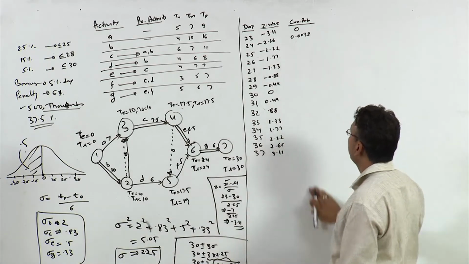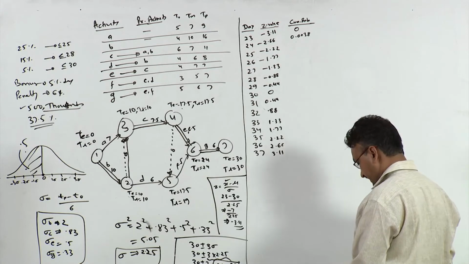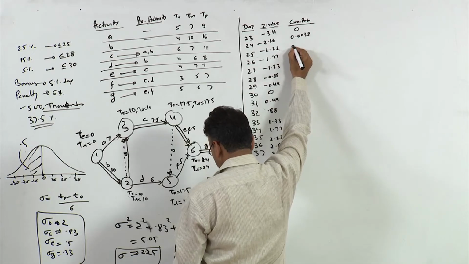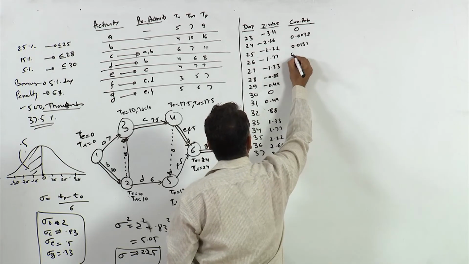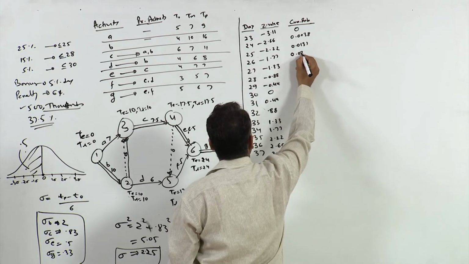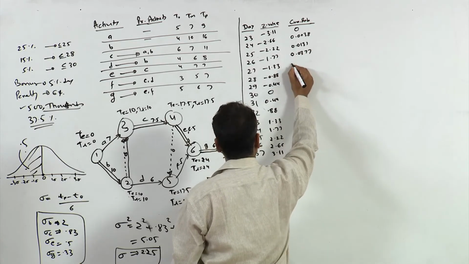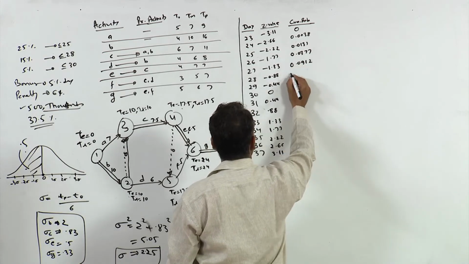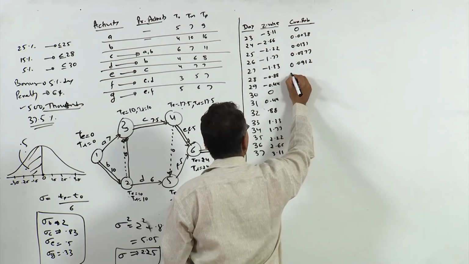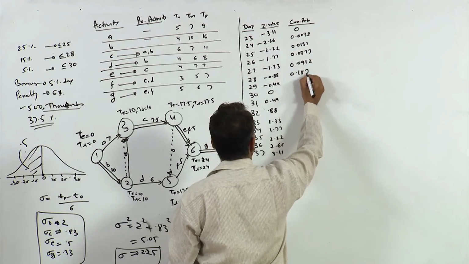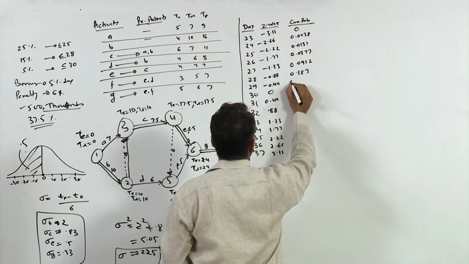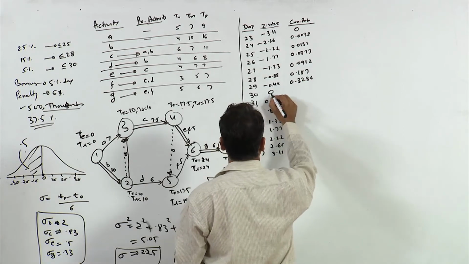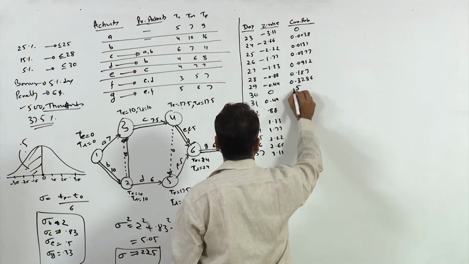Let me write the remaining cumulative probabilities. So here you will have 0.0131, 0.0377, then 0.0912, then 0.187, then 0.3286, and when Z is equal to 0, this is 0.5, right.